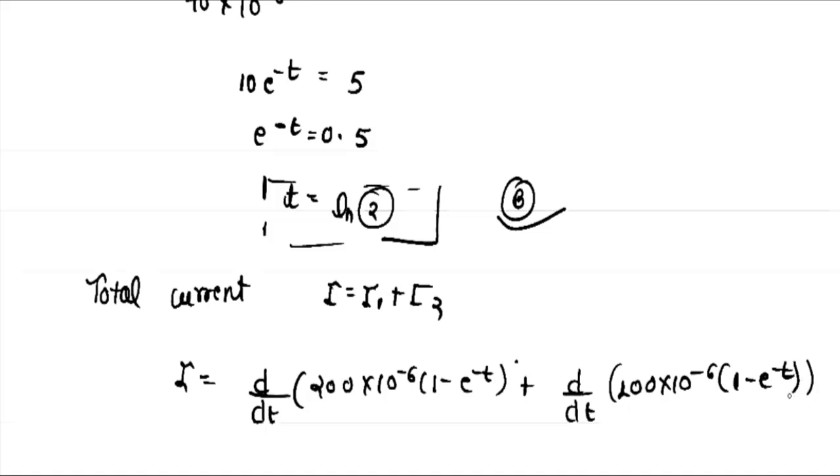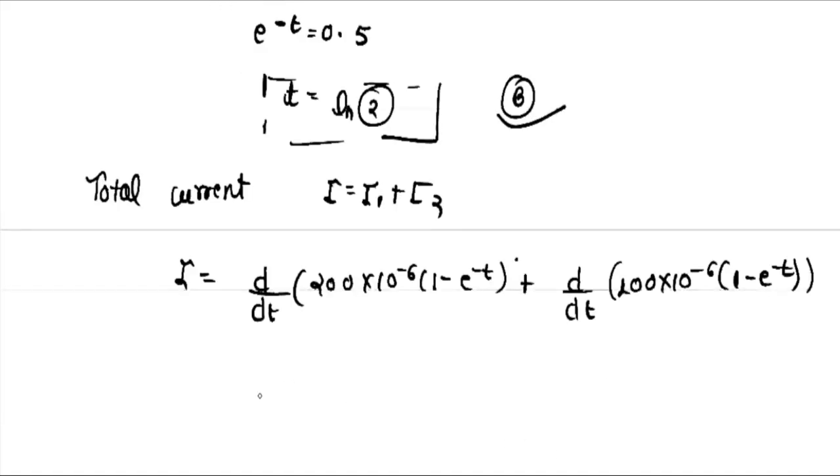So after the calculation, I is equal to 0.0003 e to the power minus t.